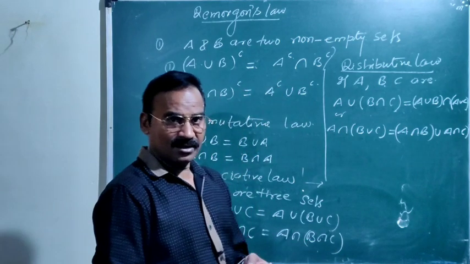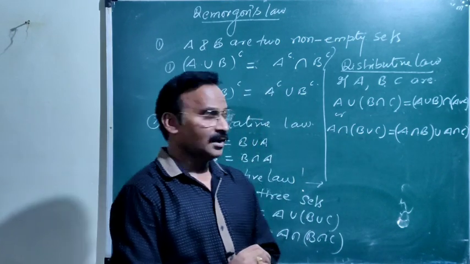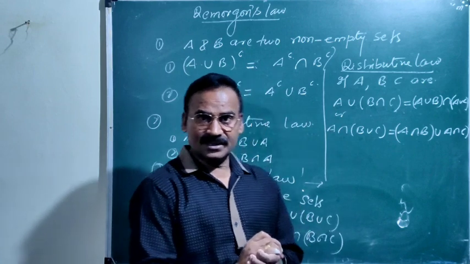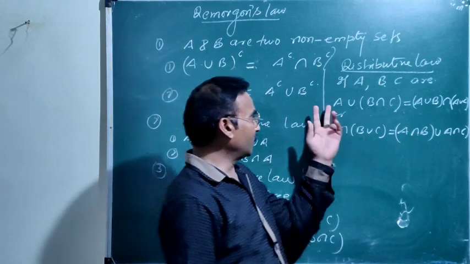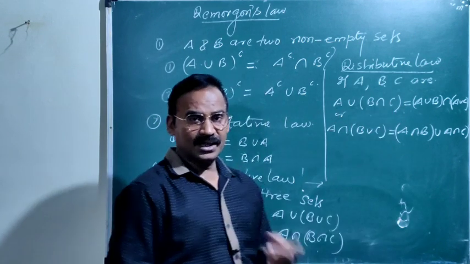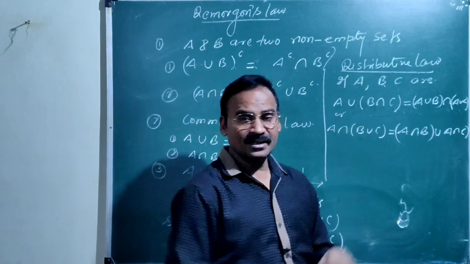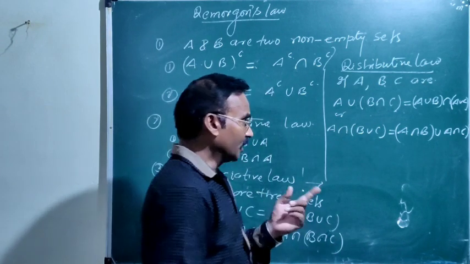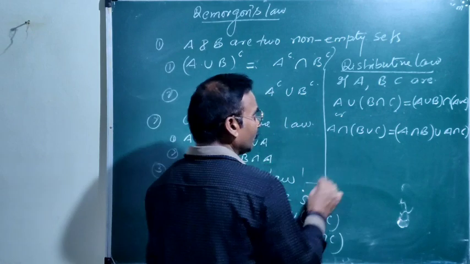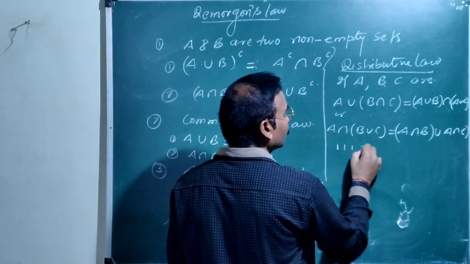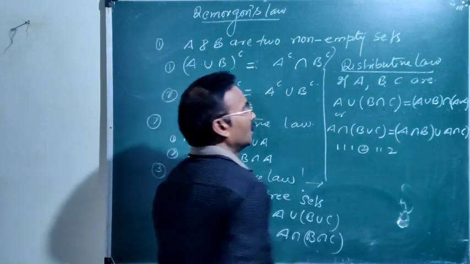There is a short trick for the distributive law. There are two parties, first party and second party, and there are two operations, intersection and union. So 1 1 1, 1 1 1, 2 1 1 2.